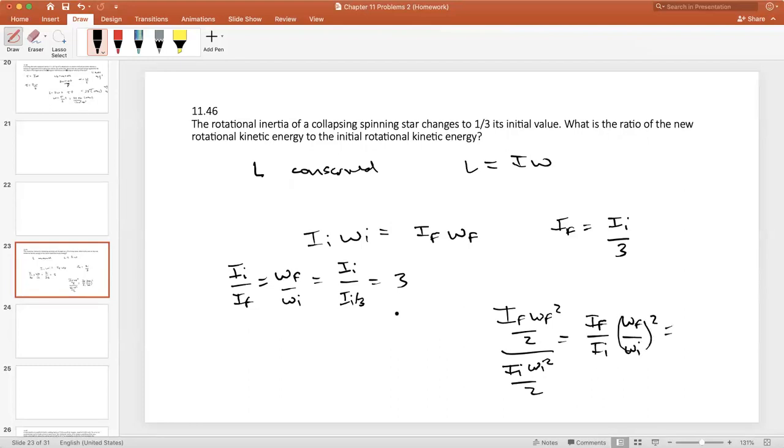I final over I initial, right, is the inverse of this. So this is 1/3. And omega final over omega initial is 3 squared. And so we see that this ratio is simply equal to 3. Okay.